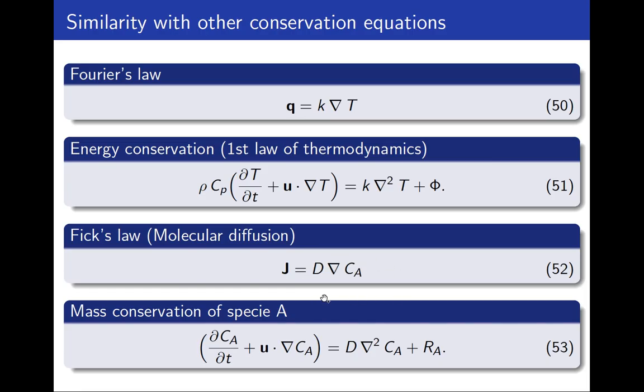So how are the particles of the coffee or of the sugar transported by diffusion? They follow Fick's law of molecular diffusion. This is a mass flux of sugar, let's say, which is going to be equal to a coefficient, the diffusion coefficient of sugar, multiplied by the spatial variations of the concentration of sugar.